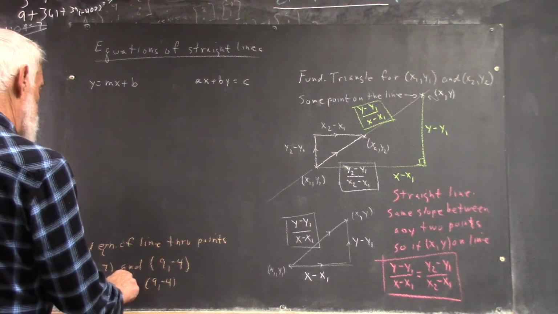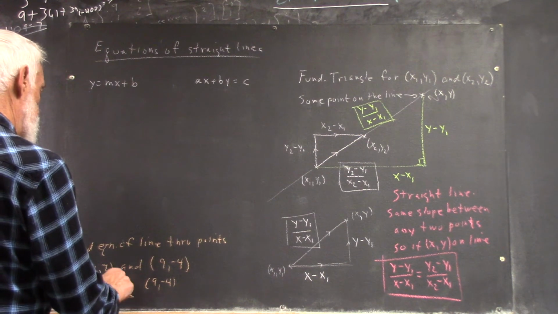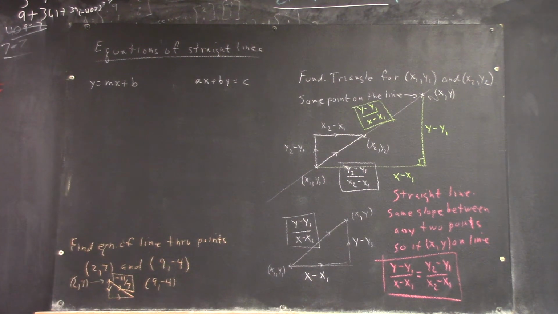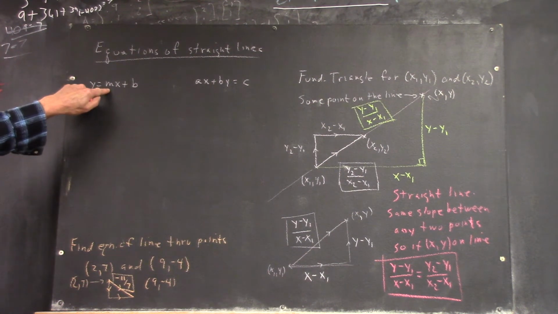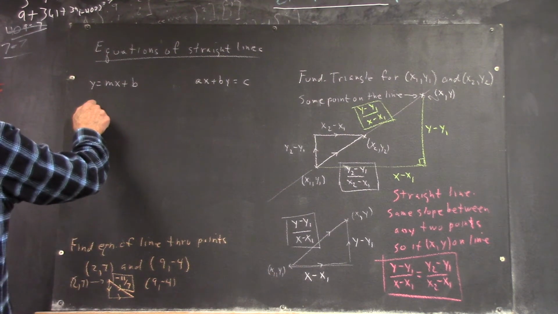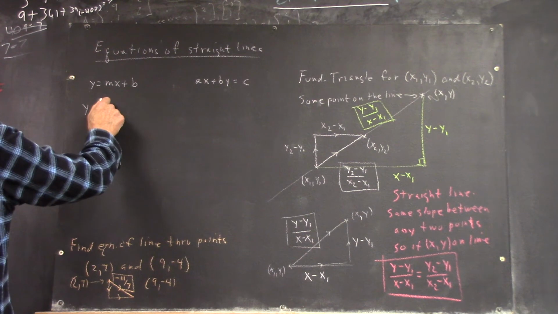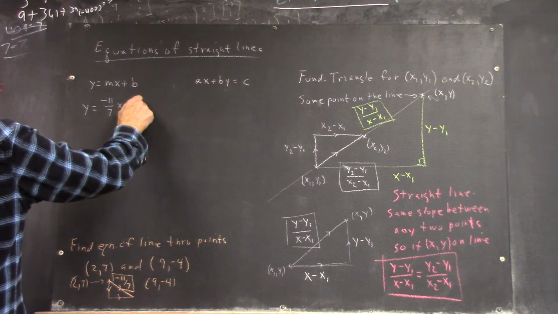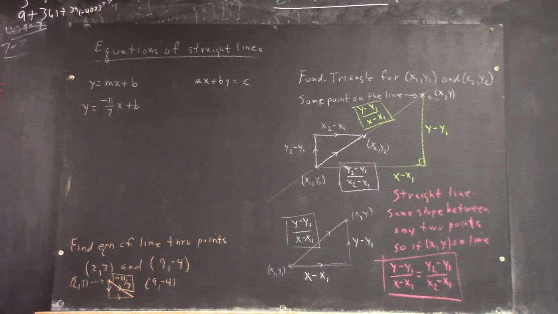Slope is negative 11 over 7. So we know that m is the slope, so that y is negative 11/7 x plus b.